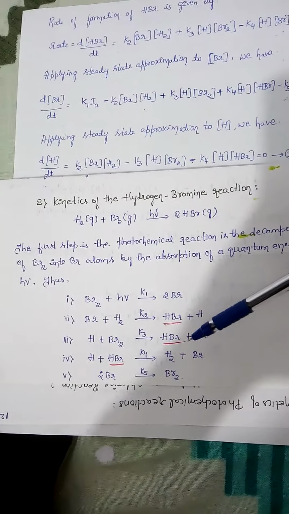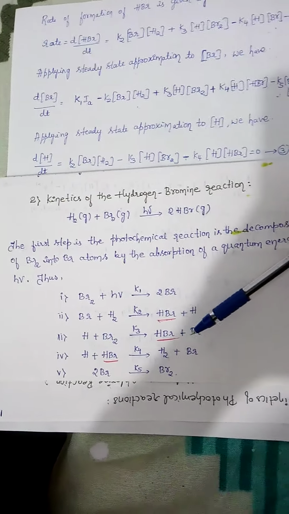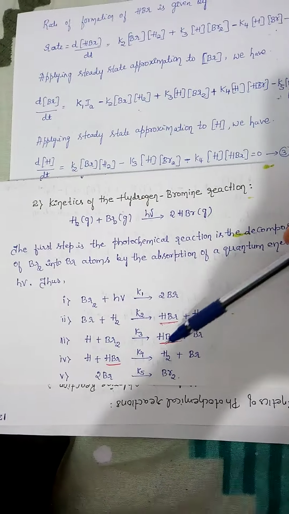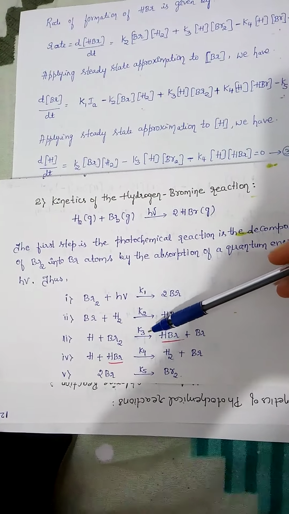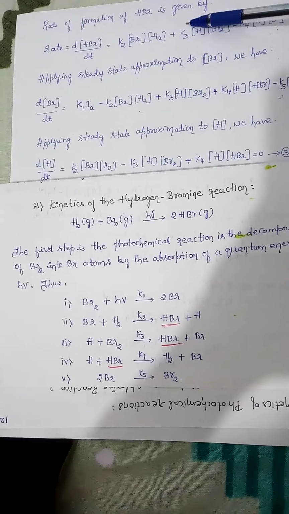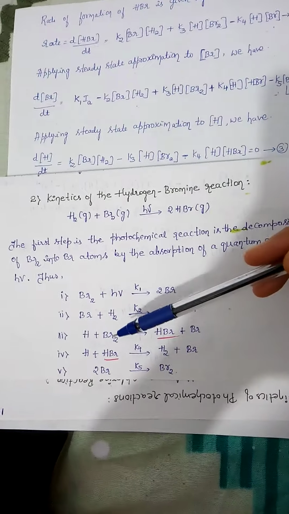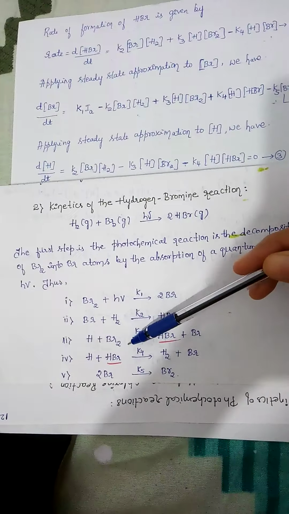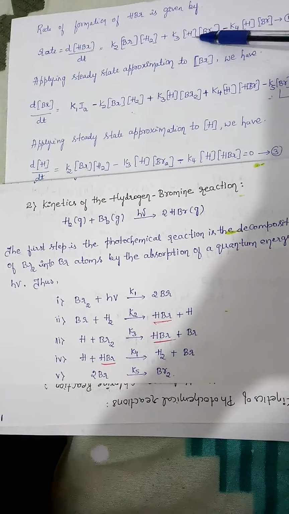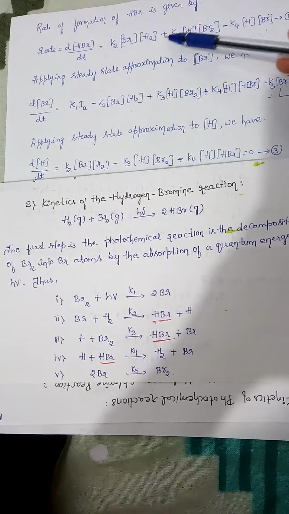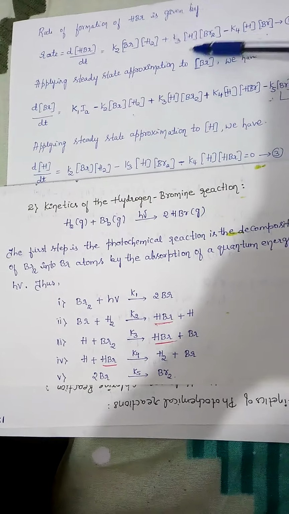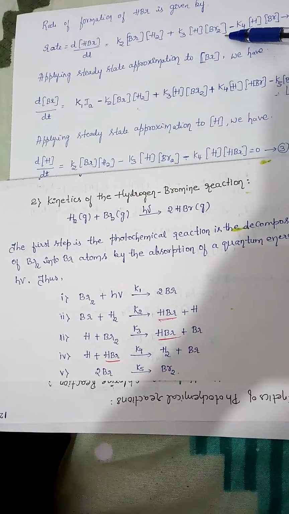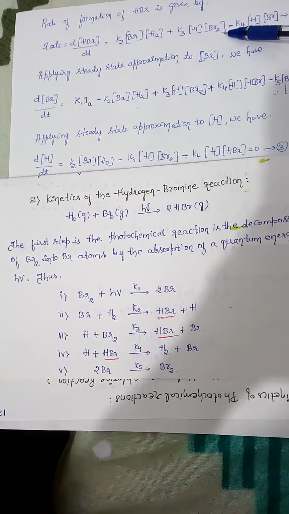In the third step, HBr is formed, hence you have to write a plus sign here, and the rate constant is K3. Then the reactant molecules are H plus Br2, so you write plus K3[H][Br2]. So this is for the third step.